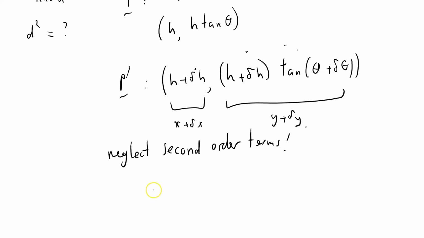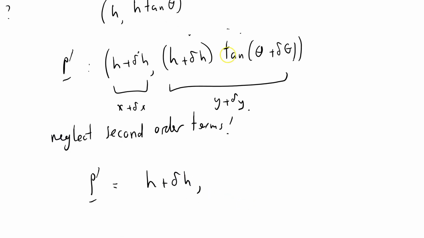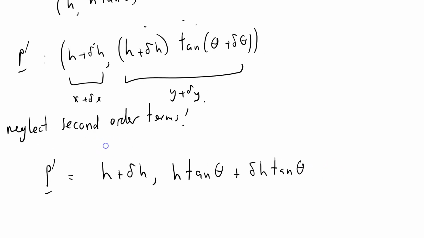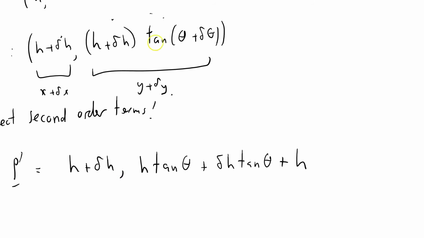So what's P dash? P dash is now h plus delta h, comma, I'm just going to expand this and ignore terms of the second order. So what have we got? We've got h tan theta plus delta h tan theta plus h, differential of tan is sec squared theta.